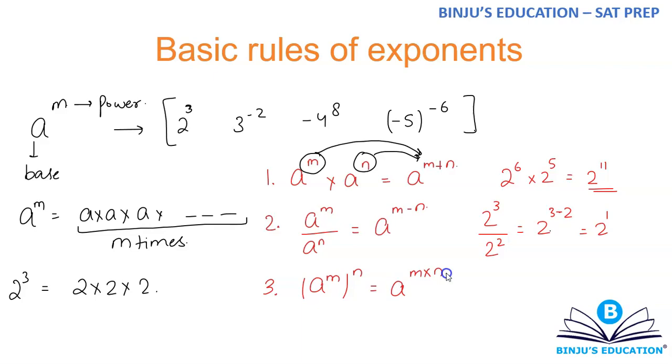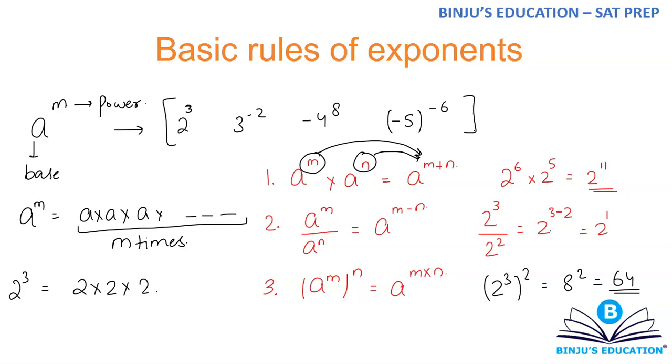So in this case the powers are multiplied. You can again take an example for this. You can again do 2 cube and put 2 cube whole to the power of square, so that's 8 square, which is equal to 64. What is 64? 64 is nothing but 2 to the power 6. So in this case the powers are multiplied.